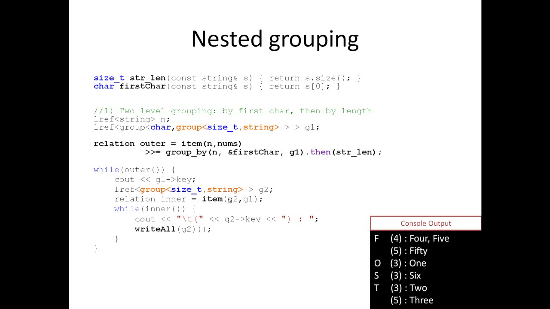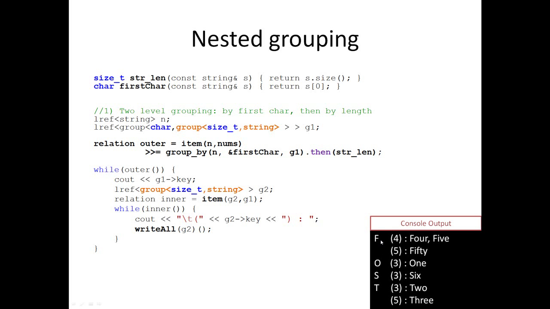So here we are saying G2 is an item in G1, and then we simply enumerate all the subgroups, print the subgroup's key, and then write all the values in the subgroup, and that gives you this console output shown on the box below.